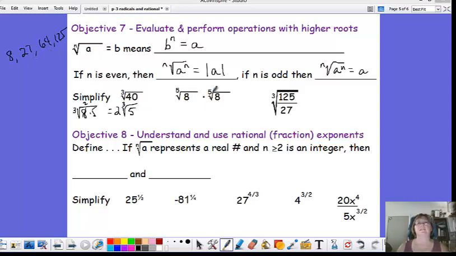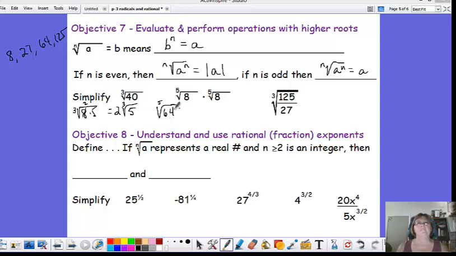Fifth root of 8 times the fifth root of 8. Oh, my goodness. Okay, they're both fifth roots. So the product rule says I should be able to do the fifth root of 64. And that means, oh my word, fifth roots.